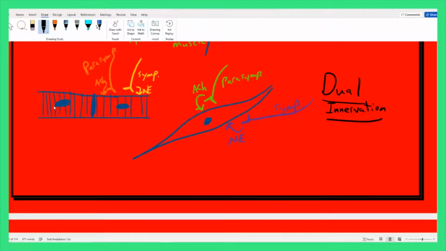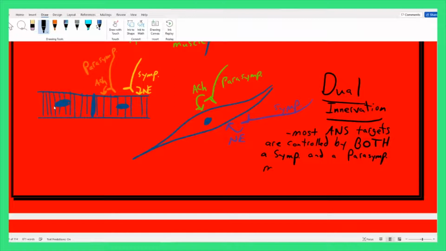The idea that most ANS targets are controlled by both, big font here, by both a sympathetic and a parasympathetic motor neuron.